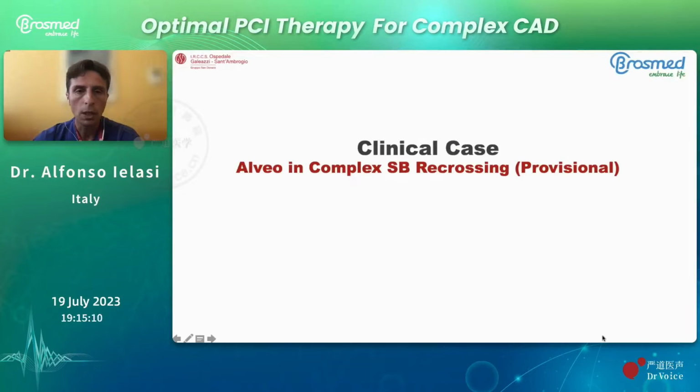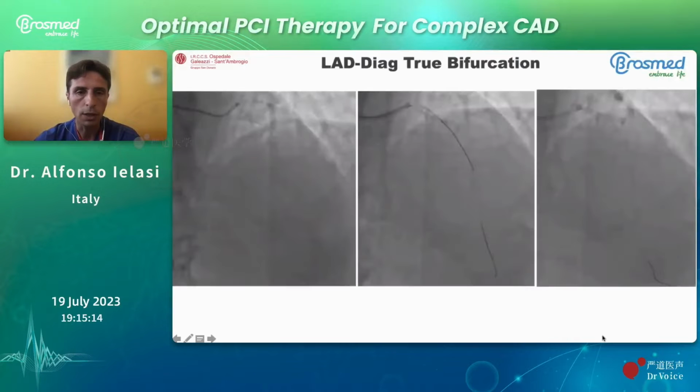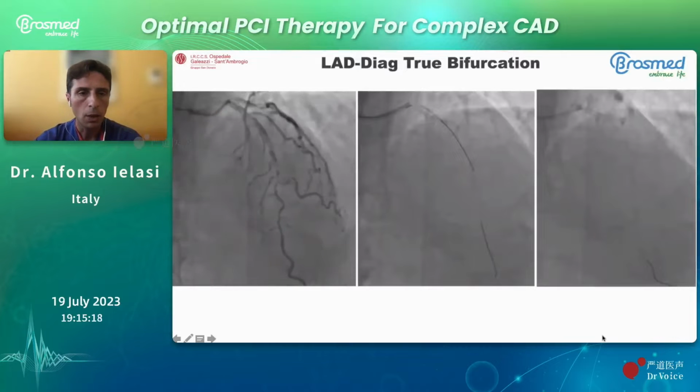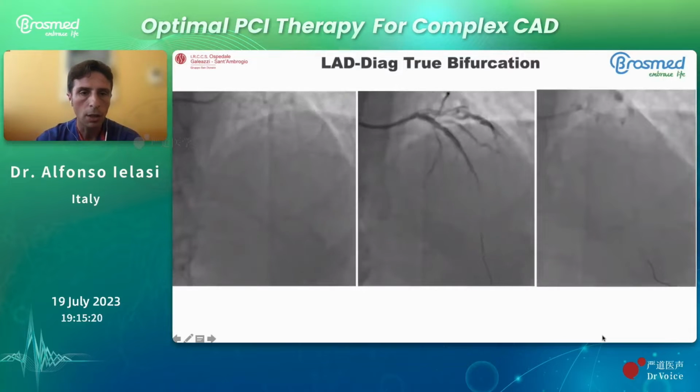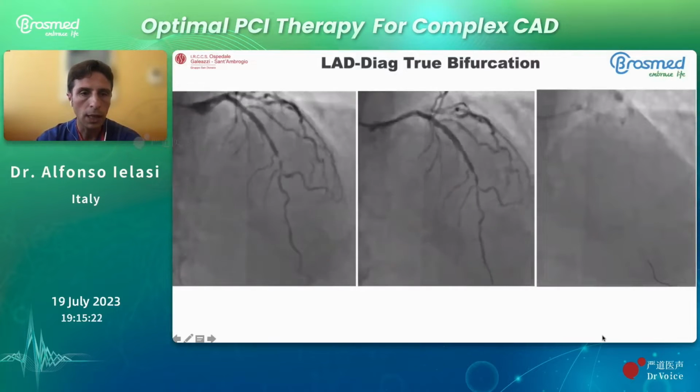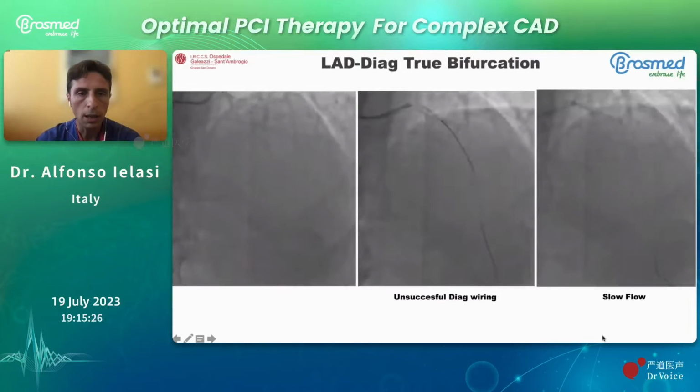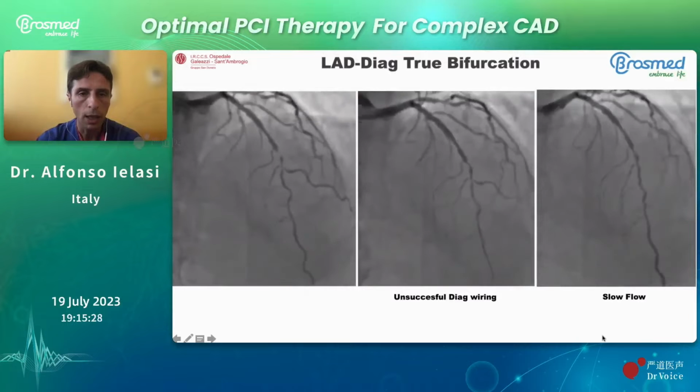What about the Alveo balloon in complex side branch recrossing? So this is a male admitted because of unstable angina. As you can see, there is a bifurcation lesion at the level of the mid-LAD involving the second diagonal branch.